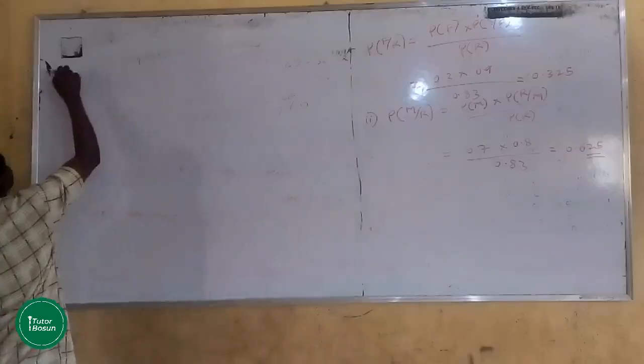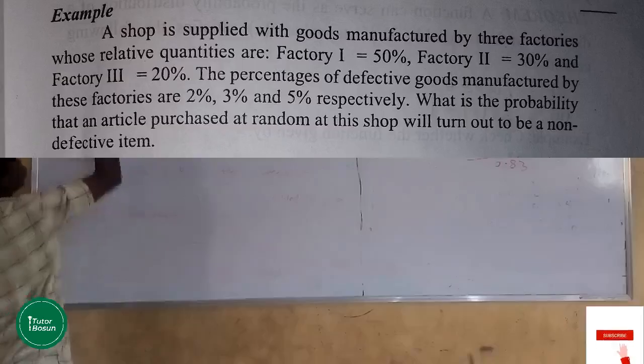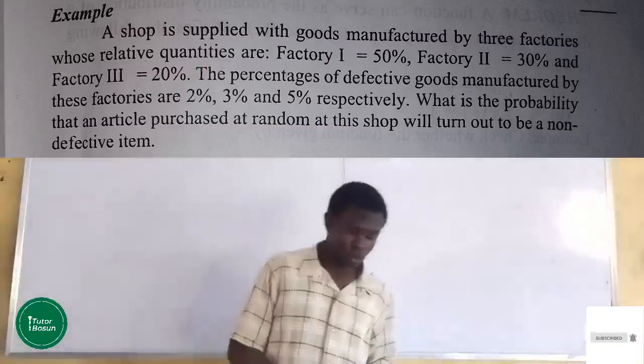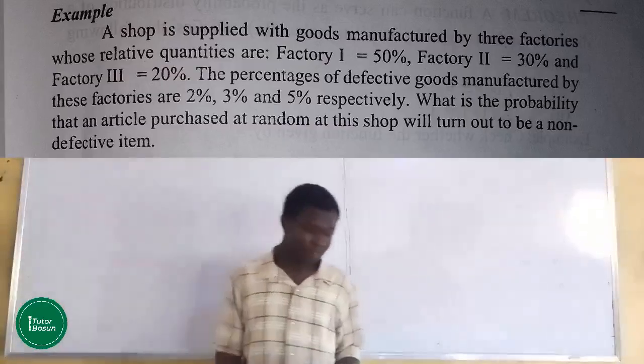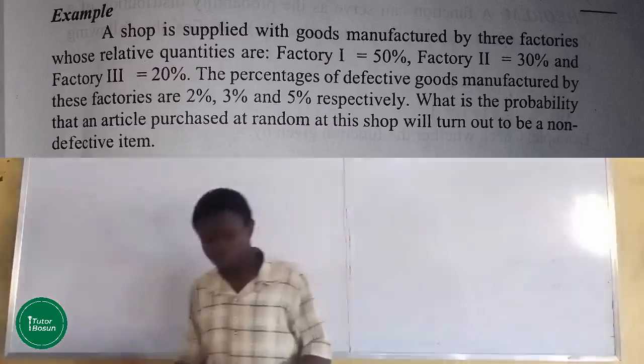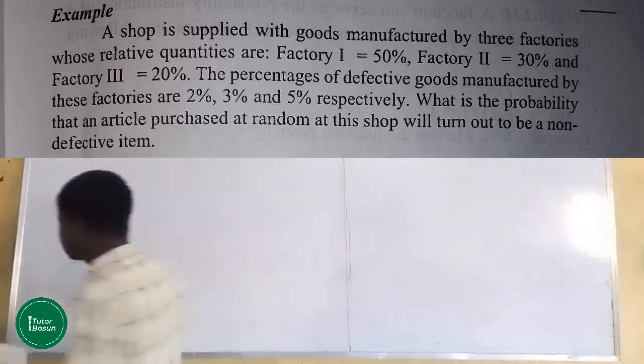Example 2. A shop is supplied with goods manufactured by 3 factories whose relative quantities are A1 equals 50%, A2 30%, and A3 20%.